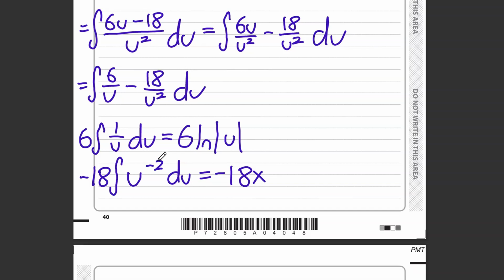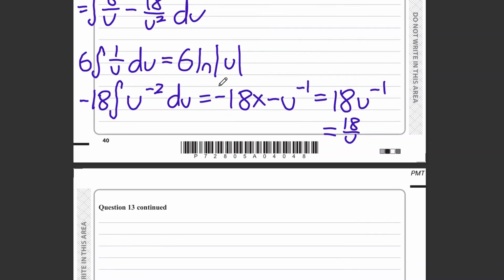This is just year 1 integration: the minus 2 power goes up by 1 to minus 1, so it's minus u to the power of minus 1. Then minus 18 times minus 1 is going to be 18, because the minus cancels out the minus, so it's 18 u to the power of minus 1, which we can rewrite as 18 over u.